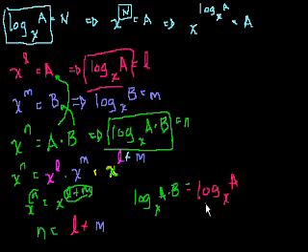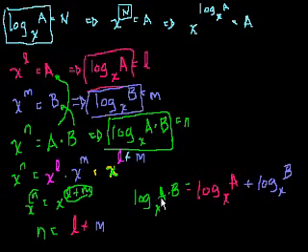And what's m? M is right here. It's log base x of b. And there we have our first logarithm property. The log base x of a times b just equals the log base x of a plus the log base x of b.